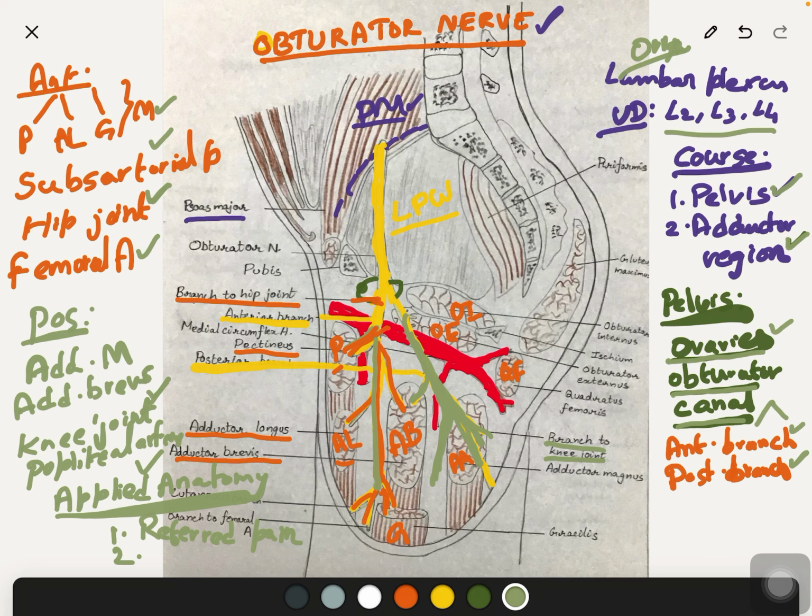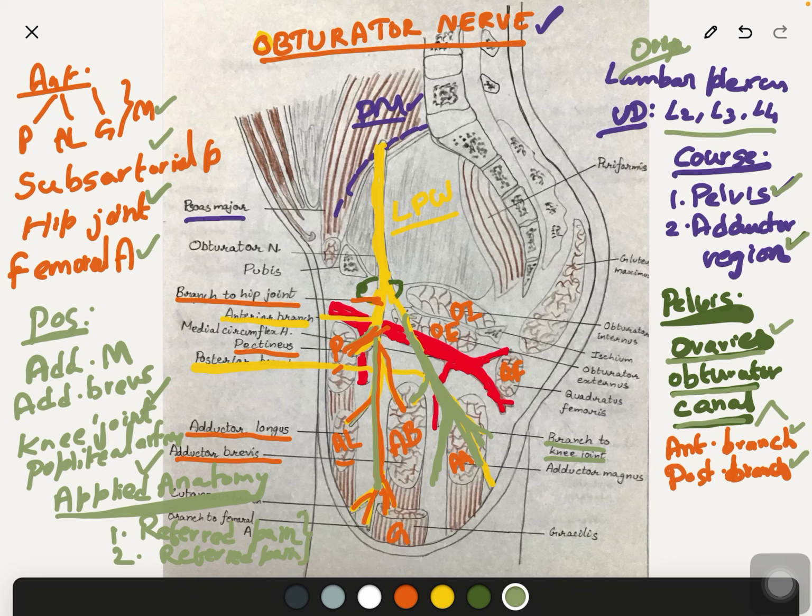So in any articular problem of one joint, pain may be referred to the other joint also. For example, if the hip joint is affected, the person may complain of referred pain in the knee joint also, because of these two divisions supplying two joints.